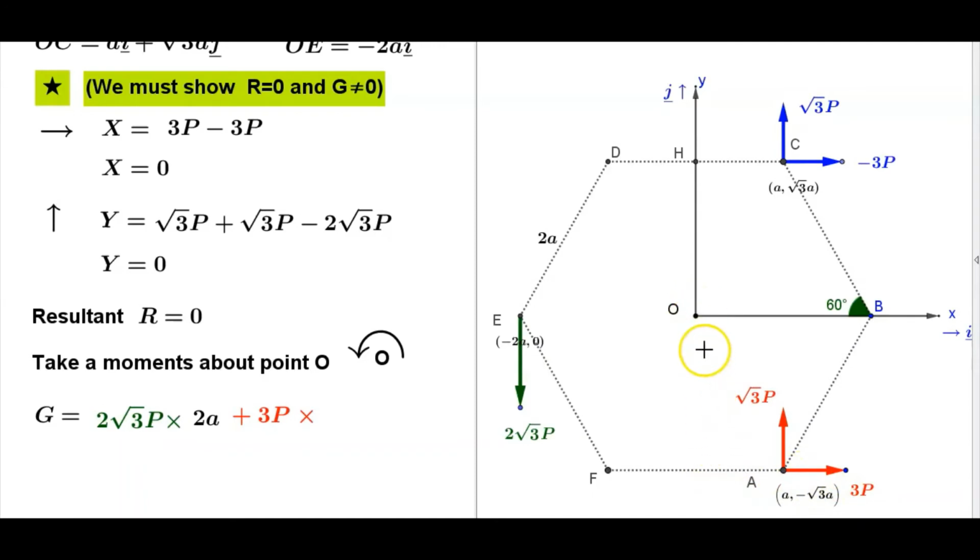This distance is 2a sine 60, so 3P into 2a sine 60, plus root 3P into this distance. This is 2a, this is a midpoint, no, this is a. Therefore, root 3P into a.